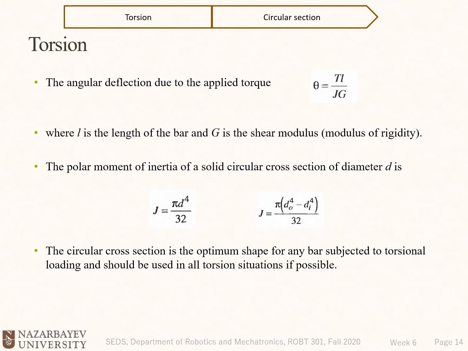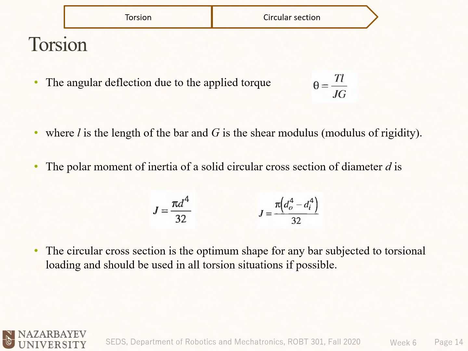The circular cross section is the optimum shape for any bar subjected to torsional loading and should be used in all torsion situations if possible. Okay, so why are we saying it is optimum?